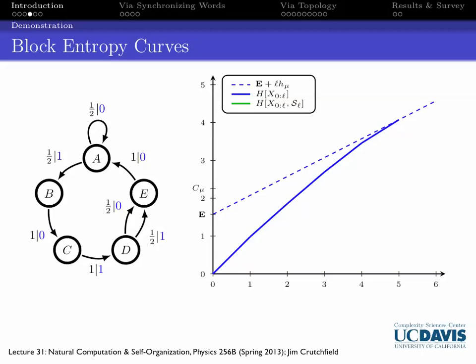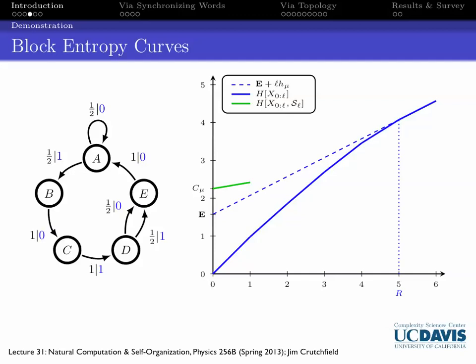And we notice at length 5, the block entropy is exactly equal to E plus 5 times H mu. So it's exactly on this asymptote that we know it eventually limits to. And when we're exactly on that, that's the Markov order. And then it just keeps going and following the asymptote.